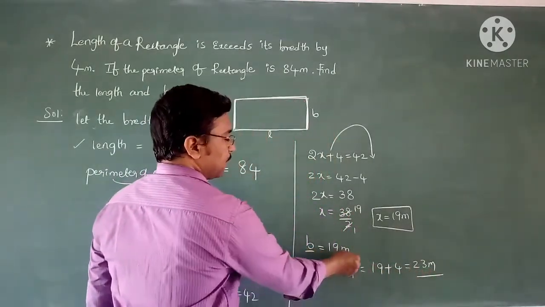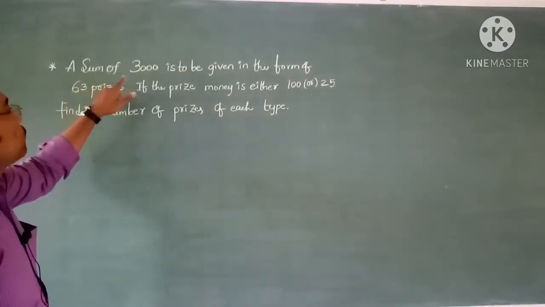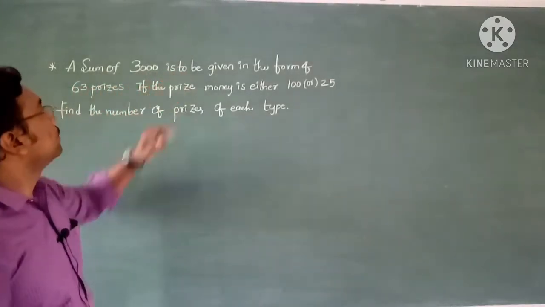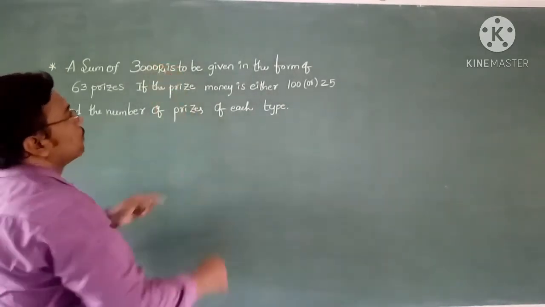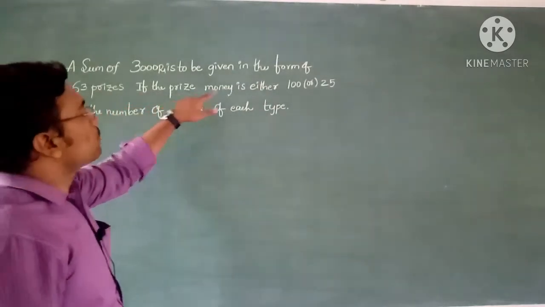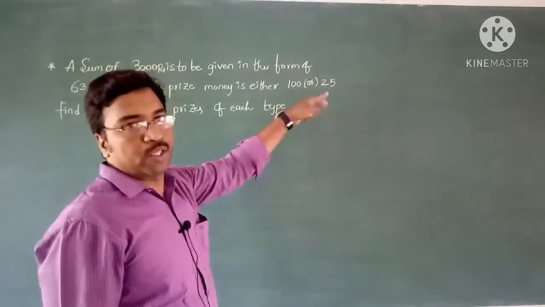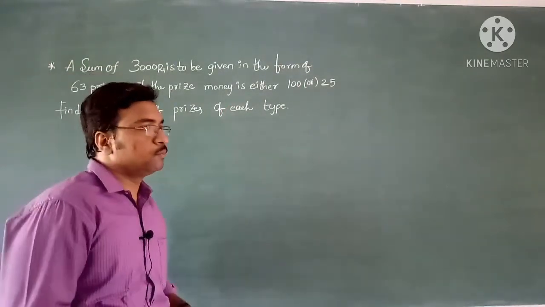Breadth is 19 meters. A sum of 3000 rupees is to be given in the form of 63 prizes. If the prize money is either 100 or 25, find the number of prizes of each type.